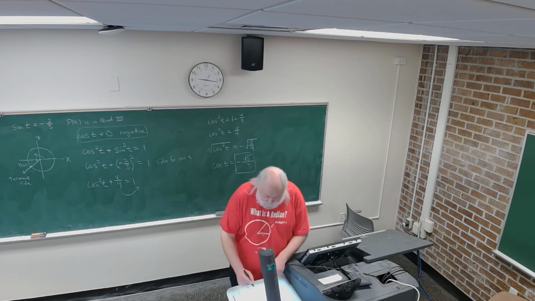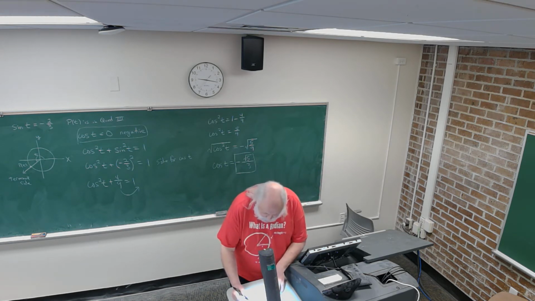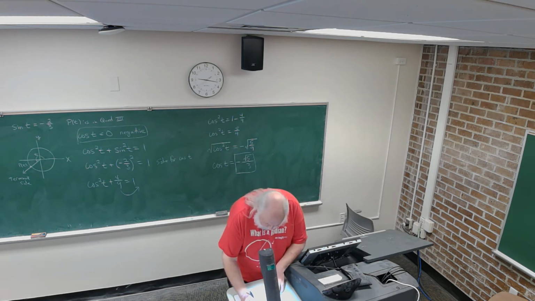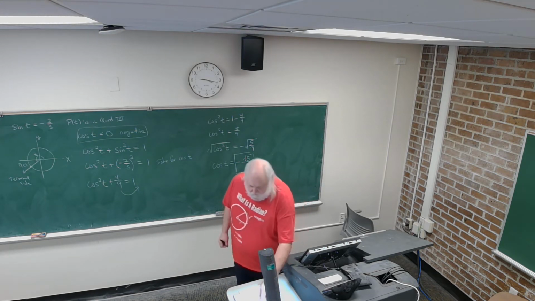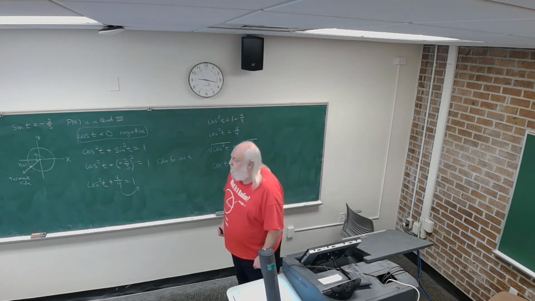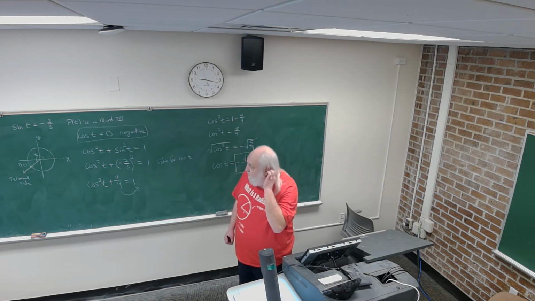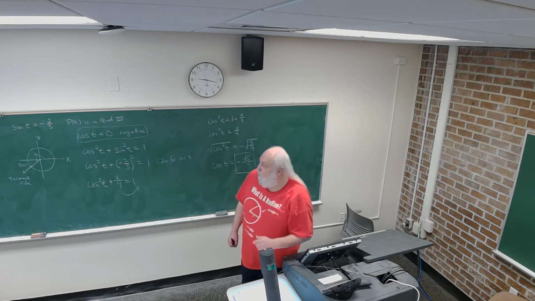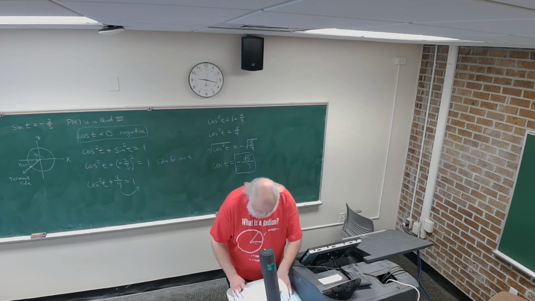The terminal side goes through the point (-1, 0). So the cosine of pi is equal to -1, and the sine of pi, which is the y coordinate, is equal to 0. This is the point (-1, 0) on the unit circle. And cosine is equal to the x coordinate, sine is equal to the y coordinate.